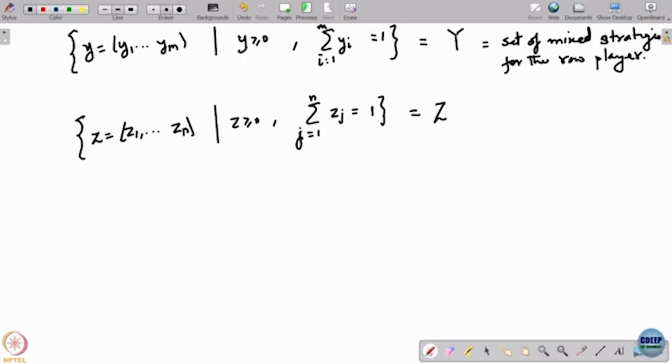Let's call this set capital Z and this is the set of mixed strategies for the column player.